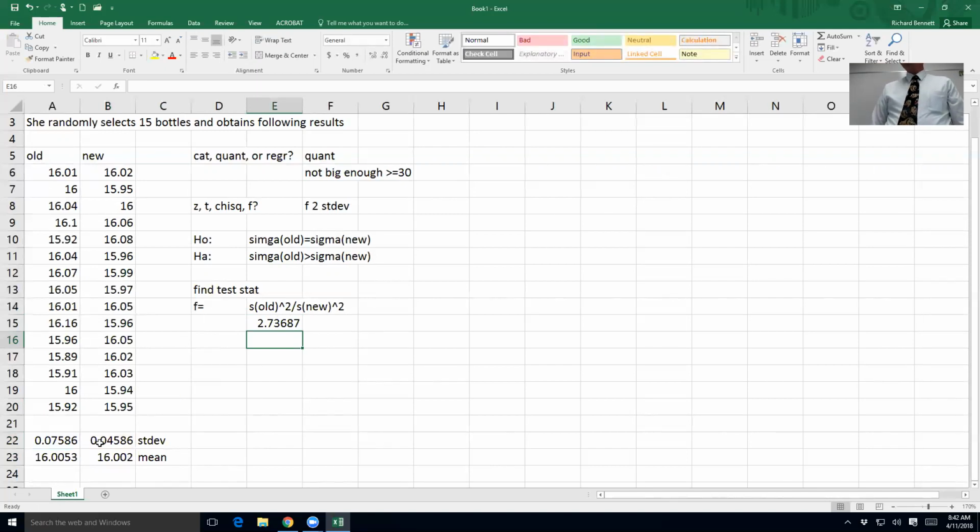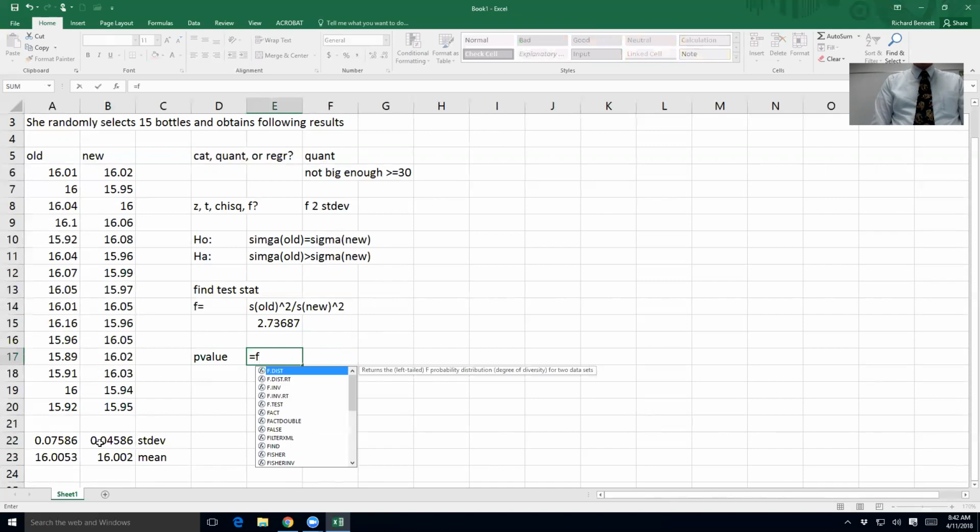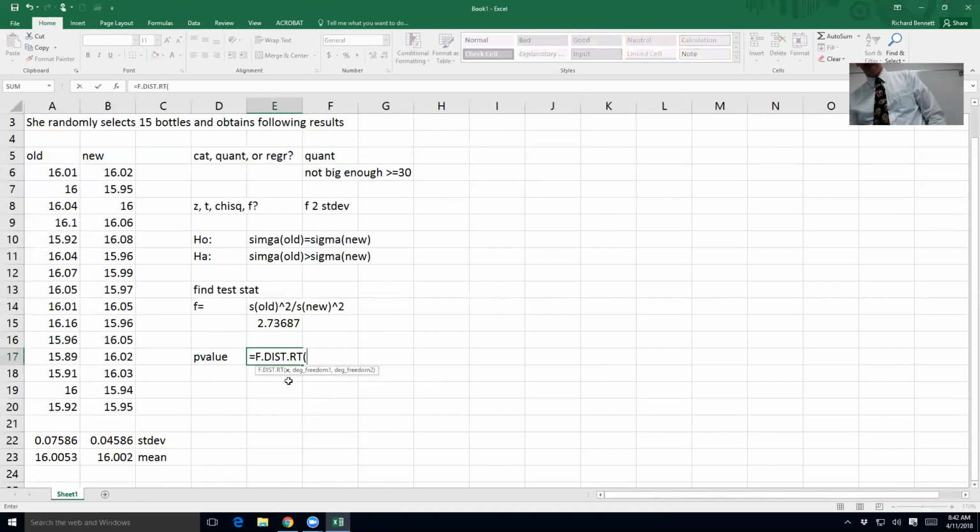Okay, now what? I need to find the p-value. How do I find the p-value? F dot dist right-tailed. You could do this one as a left-tailed test, but the way we set it up would be a right-tailed test. It's definitely easier to do the right-tailed.